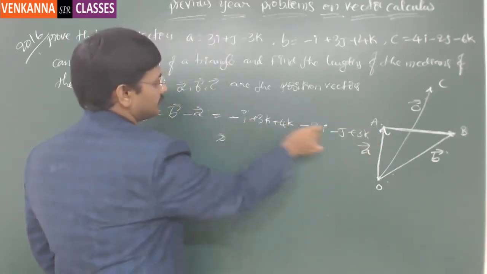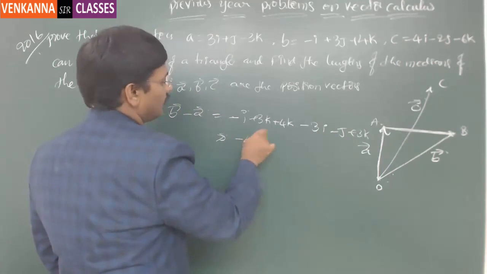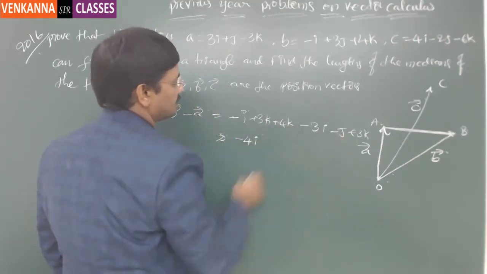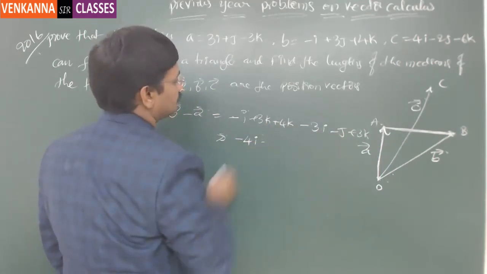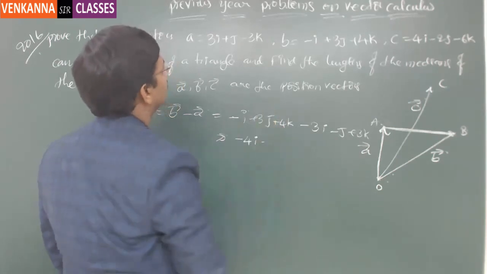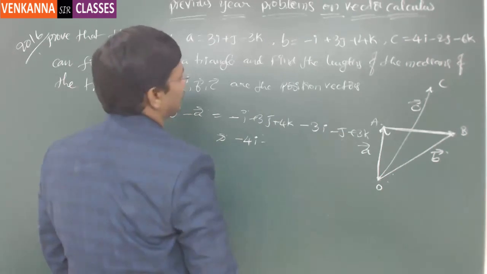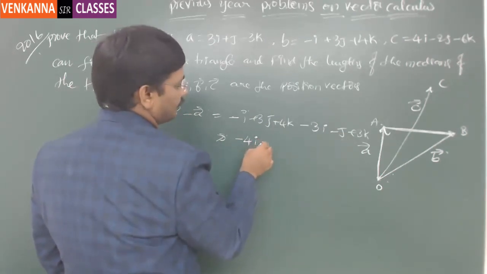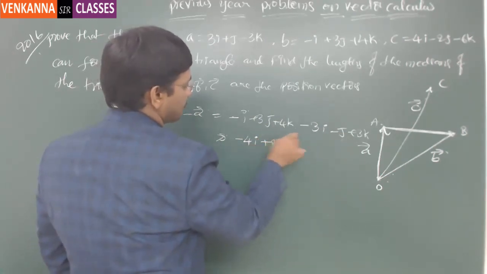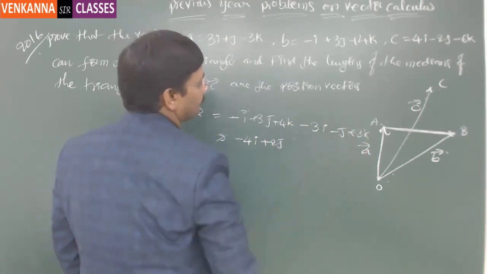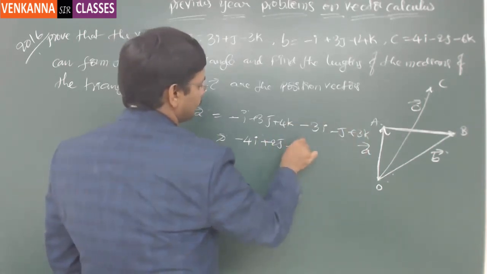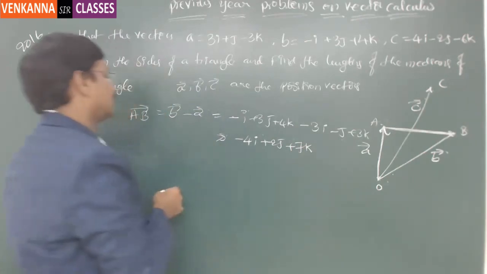So minus i minus 3i is minus 4i, 3j minus j is plus 2j, and 4k plus 3k is 7k. So this is the vector AB.